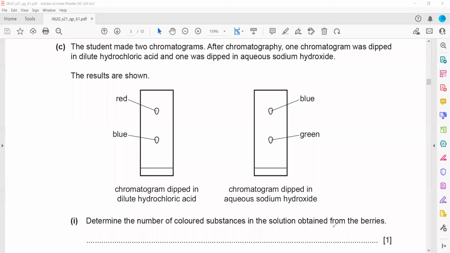So the number of the spots gives an idea that there are two substances, and why the substances have different color. Even though, for example, if this is A, this one is A as well, B and B. The reason is because we are using an acid, so indicators have different color in acidic and alkaline mediums.